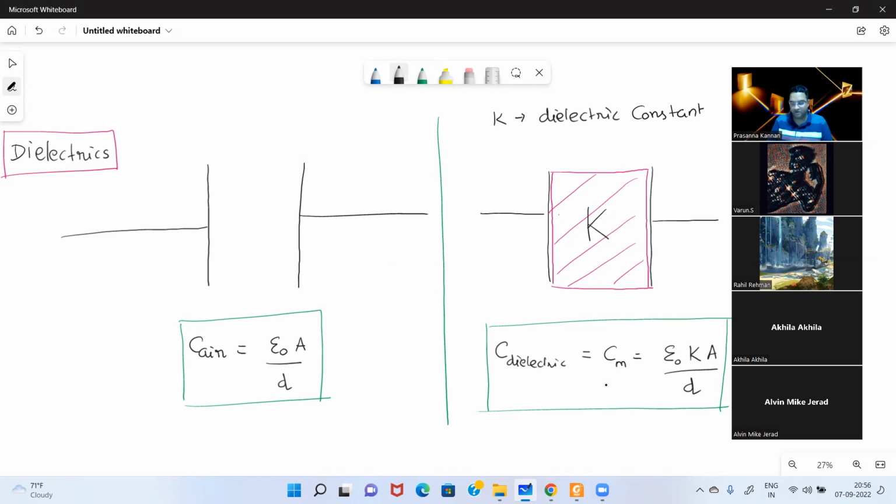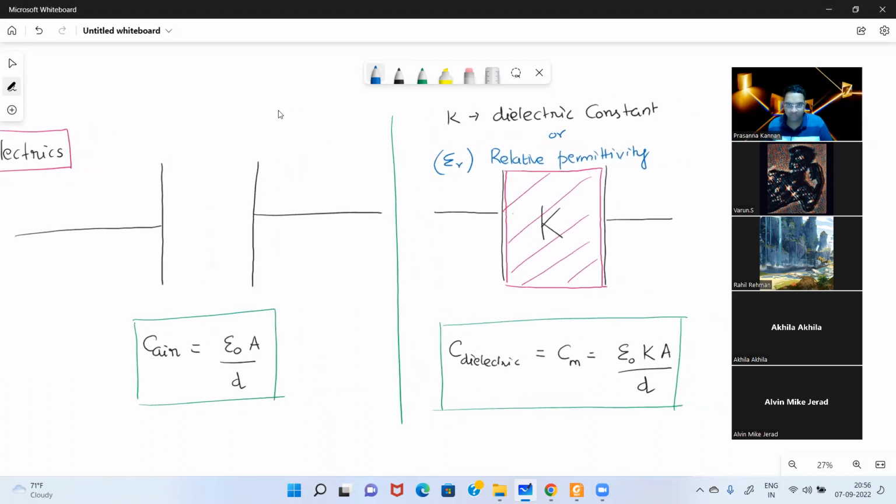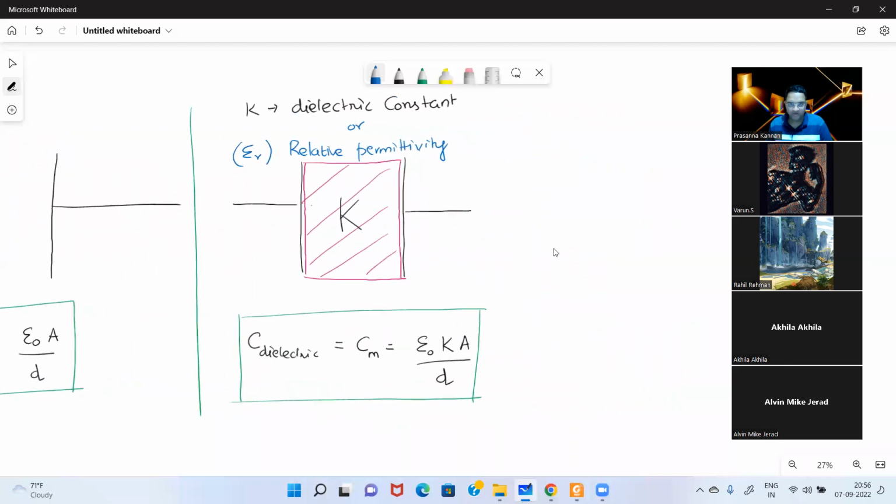Dielectric constant, or you can call it relative permittivity. It has no unit, it's a ratio. You will express it as epsilon R. Either epsilon R or K you can use. Fine. So if you want to note it down, please note it down. If you're done, just let me know. Done, sir.